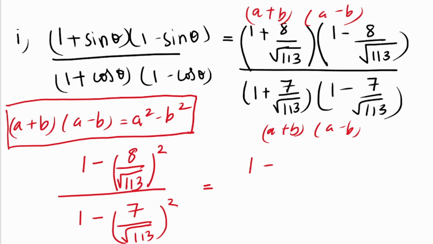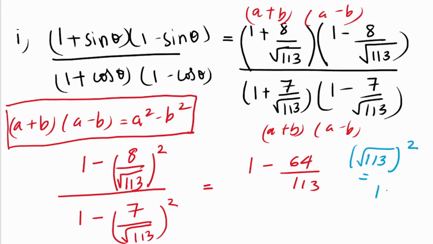You have 1 minus 64 divided by the square of root of 113, which is 113 itself.